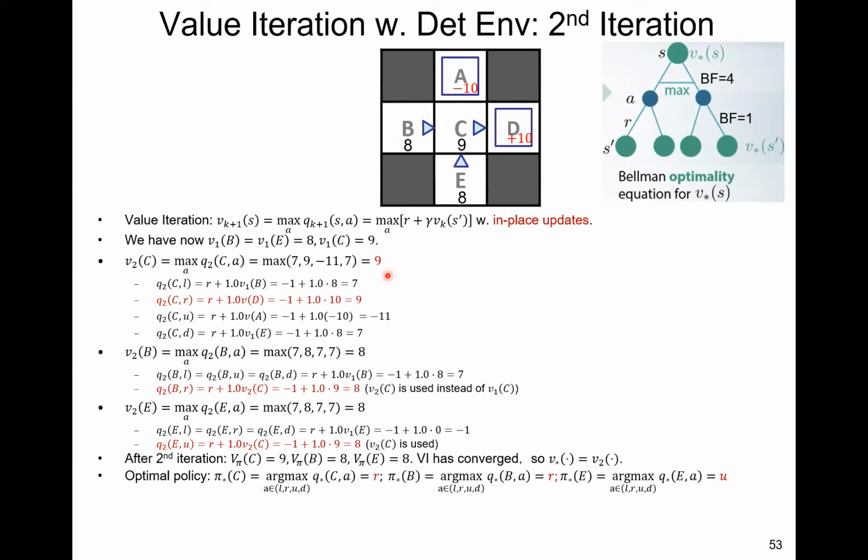You're only updating the value functions, because the policy is implicitly defined by the argmax operator. So you only get the policy explicitly at the very end, after the Q value functions have converged.